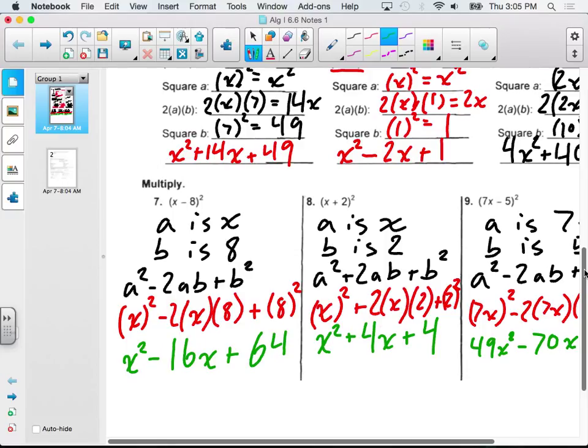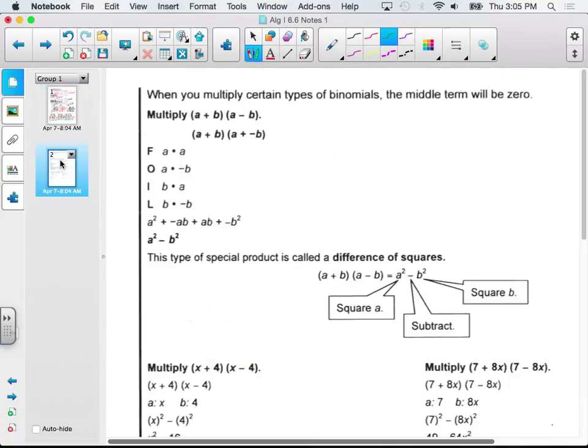Perfect square trinomials, because we took a binomial times itself, and we always get perfect square trinomials from it.